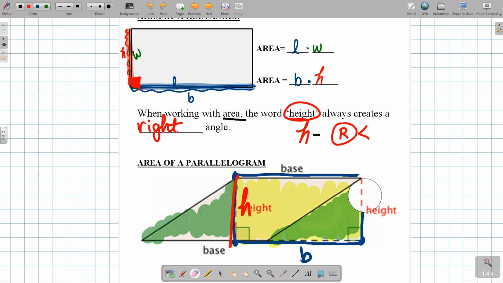So this parallelogram is exactly the same thing, base times height.